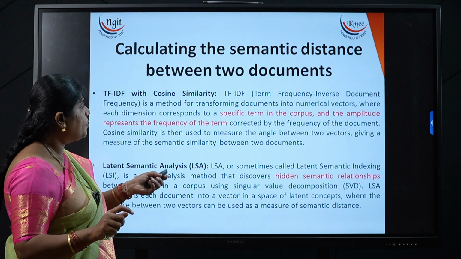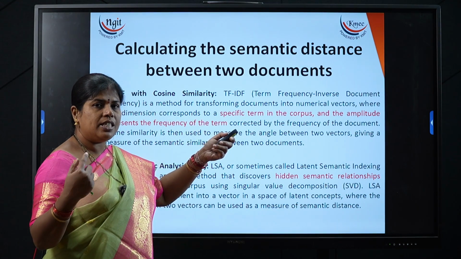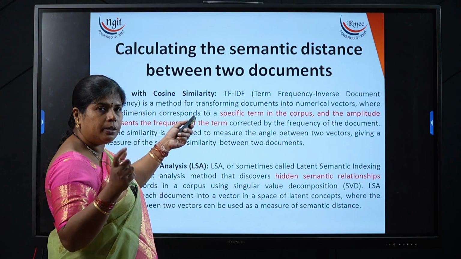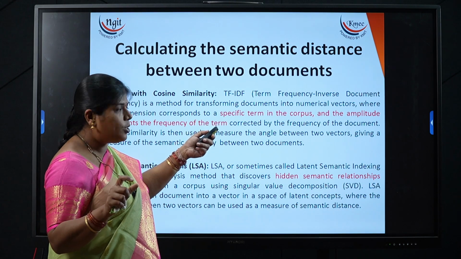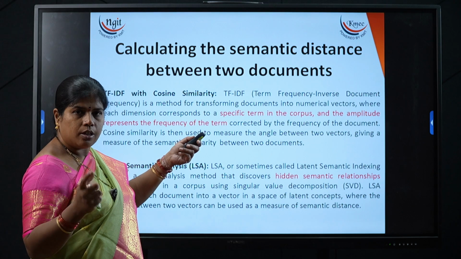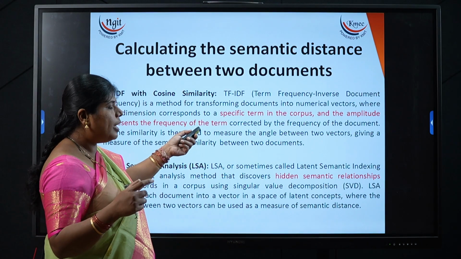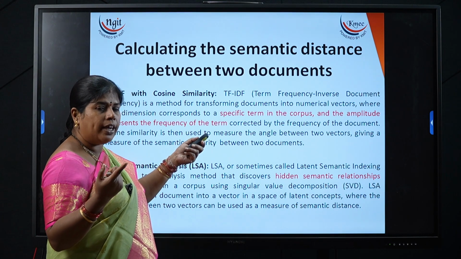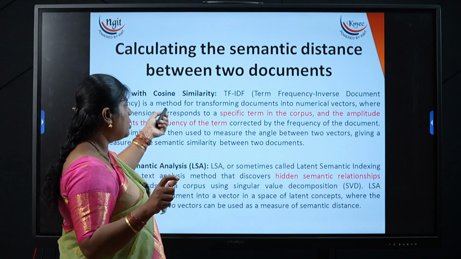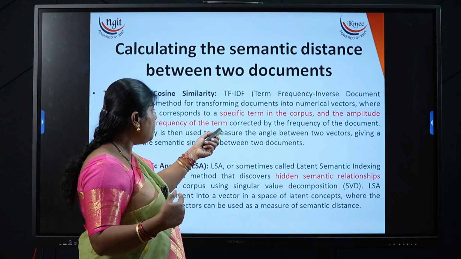Now listen, based on the frequency of particular terms in a document, I am deciding the term frequency. As well as there is an inverse document frequency, which we have already seen in unit 2. Also in unit 2 we have seen what simple term weighting means. So you already know these two terms. So how are these two terms going to help me?